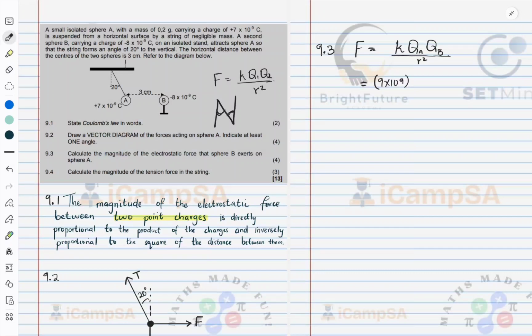For QA, we have 7 times 10 to the power minus 9, and for QB, we have 8 times 10 to the power minus 9 as well.